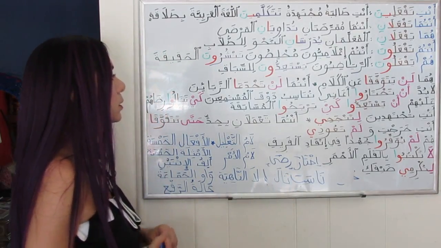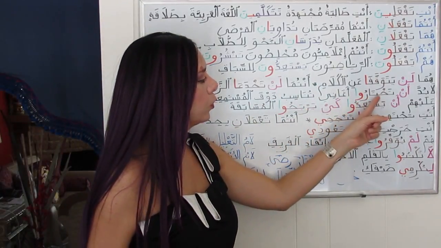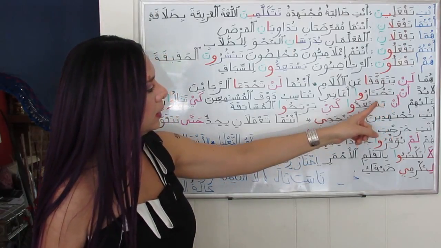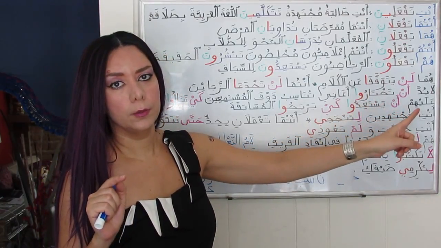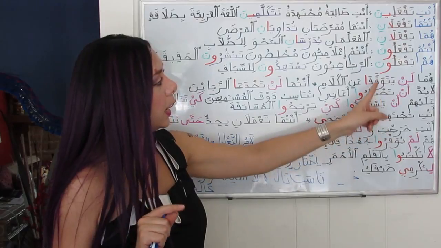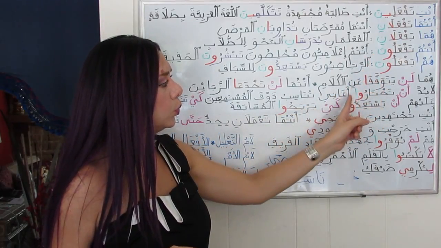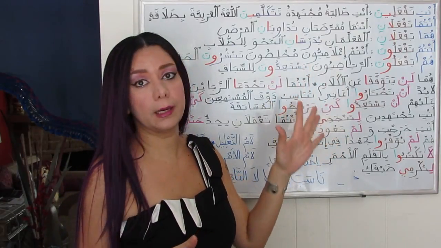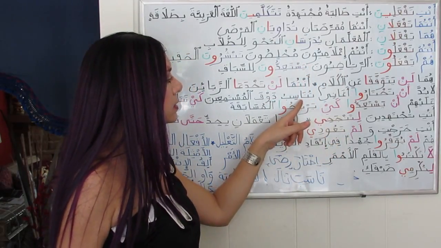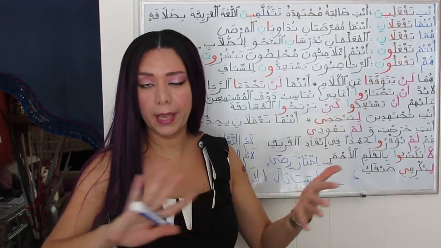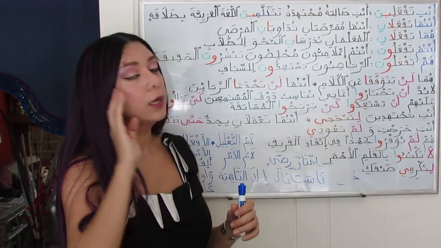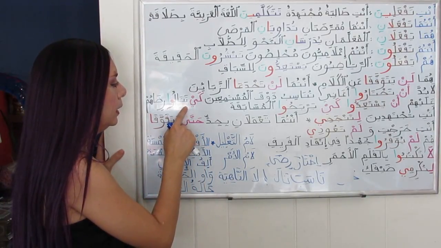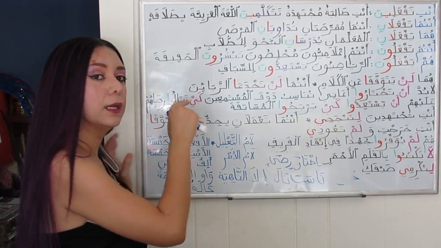So here we have the verb اختار preceded by أن. That's why it is in the accusative case. And after the omission of the noon, we add an unpronounced alif. It's just there. Here, تناسب is not preceded by anything. That's why it is in the imperfect indicative. And here, تنالوا is preceded by كي.